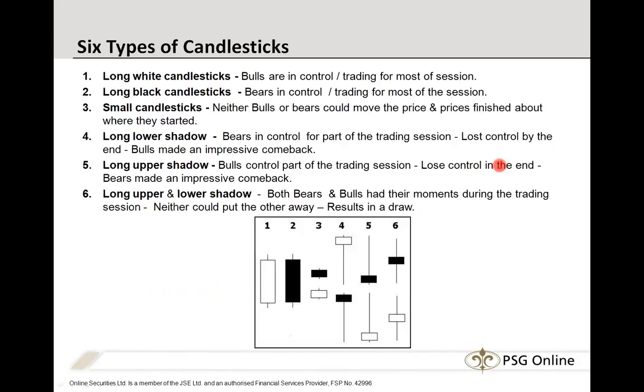There's 6 basic types of candlesticks: long white candles, long black candles, small candlesticks with small bodies, long lower shadows, long upper shadows, and one right in the middle, like we got here, number 6. That's basically all the different combinations you can have. Combining them together creates various chart patterns, and that's where the names come from. That's what we're going to discuss in a few slides' time.